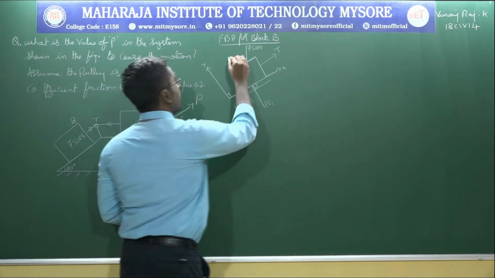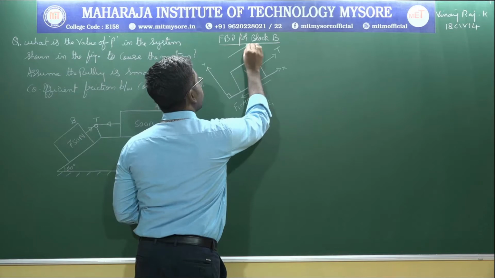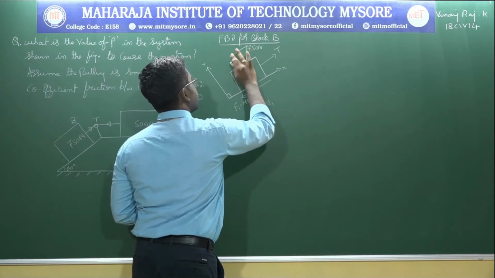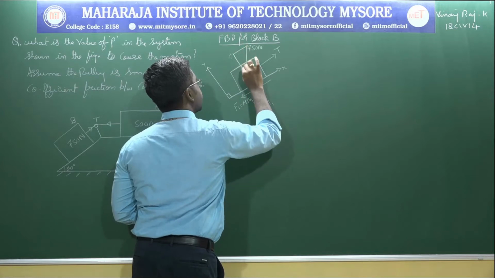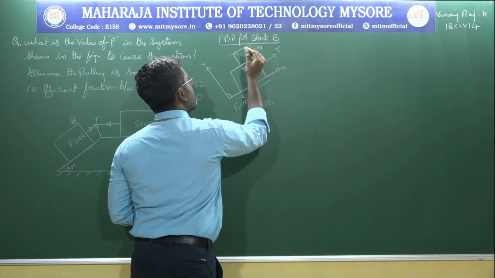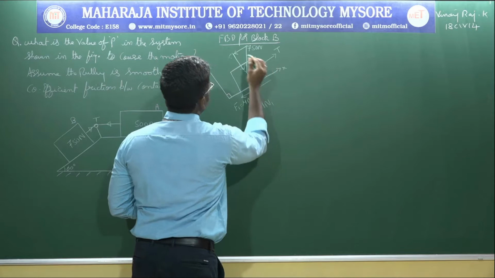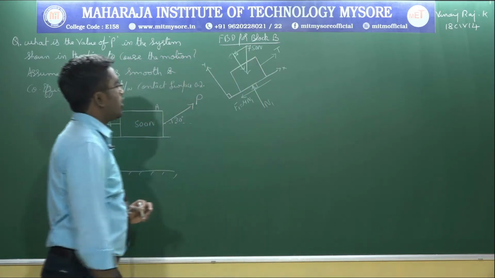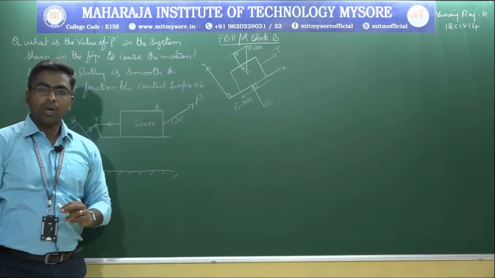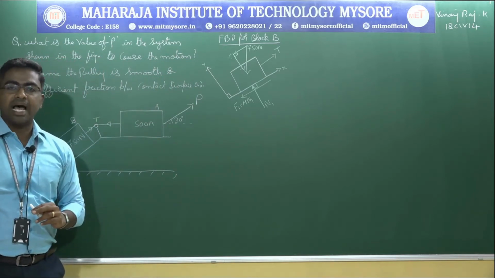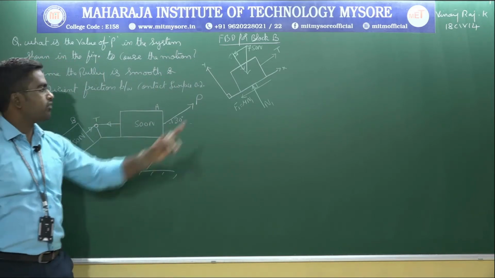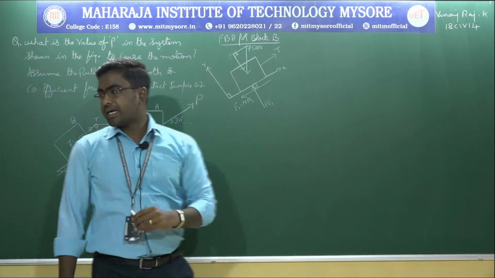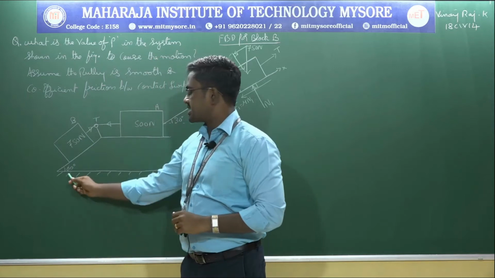The x component of this 750 will be like this and the y component of 750 will be like this. This is how you decide which will be the x component and which will be the y component. Now I need to calculate the angle with respect to horizontal for the 750 Newton force. In the diagram they have given this as 60 degrees.